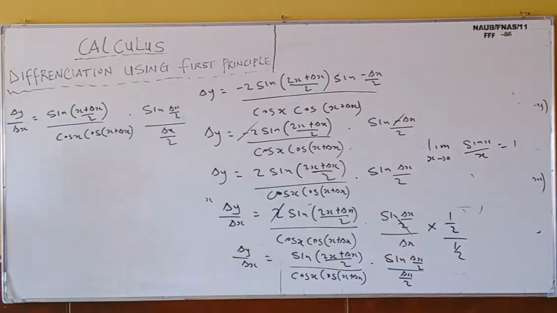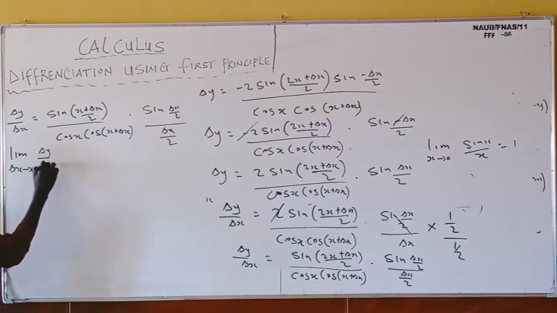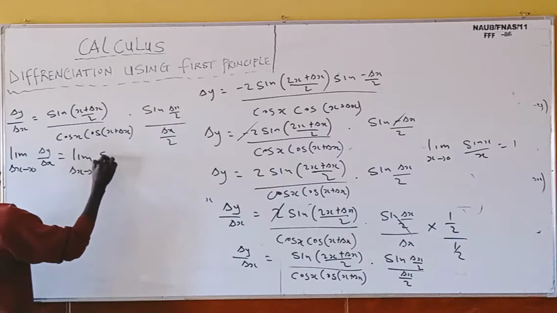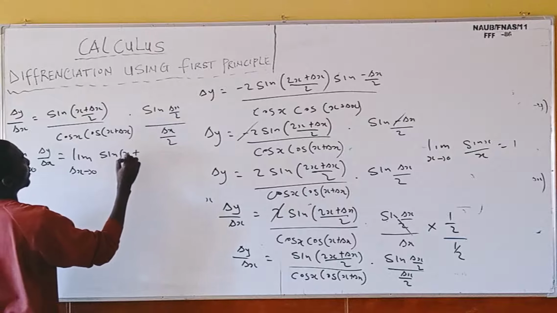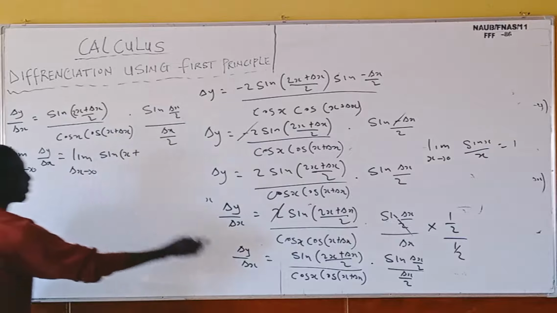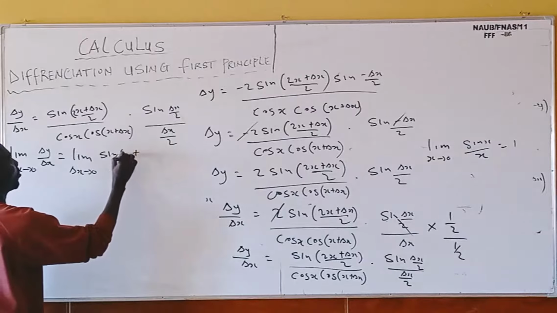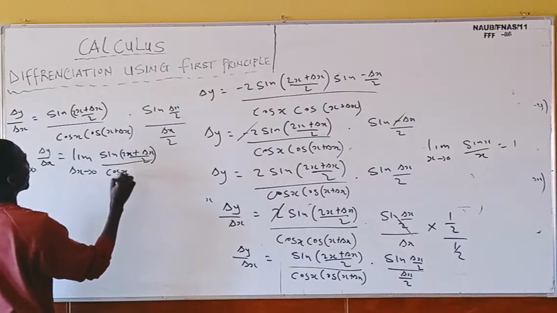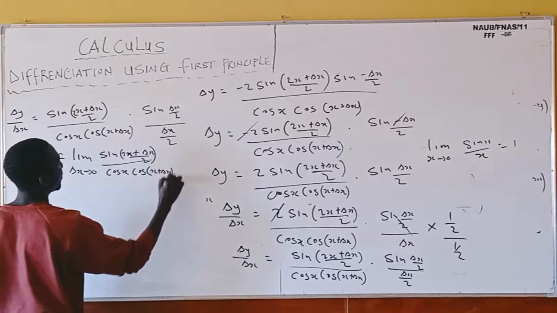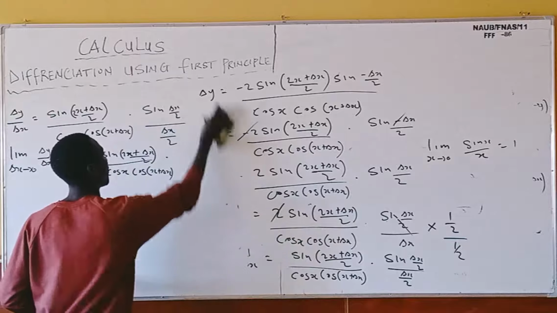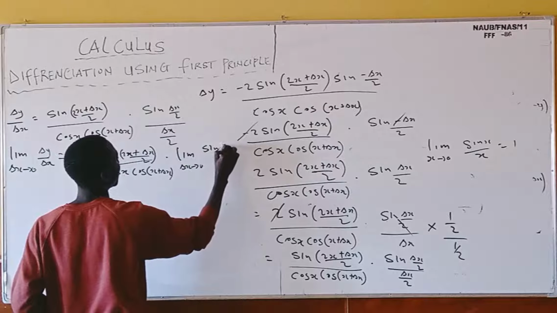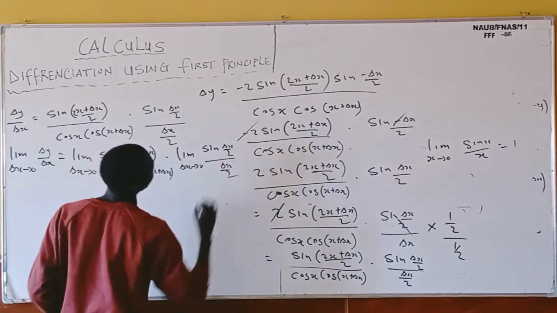So now the next thing is to take the limit. If I take the limit now, I'm going to have the limit as change in s approaching 0 of change in y by change in s, which is equal to the limit as change in s approaching 0 of sine of (2s plus change in s) all over 2, all over cos s plus change in s, multiplied by the limit as change in s approaching 0 of sine of change in s all over 2 all over change in s all over 2.